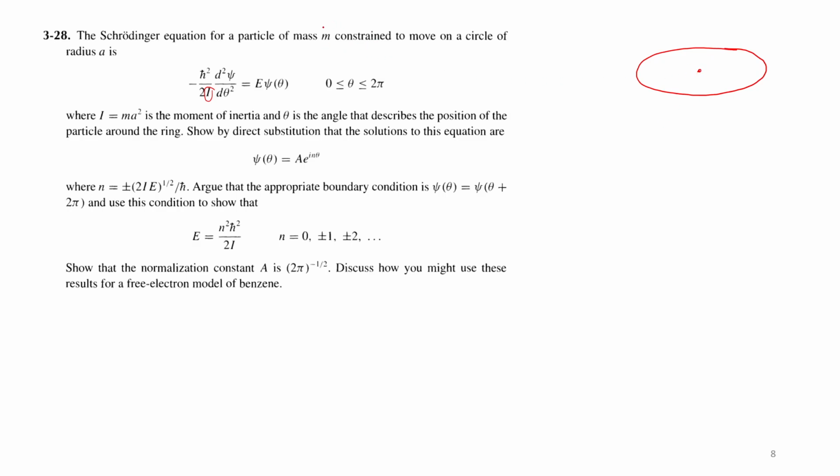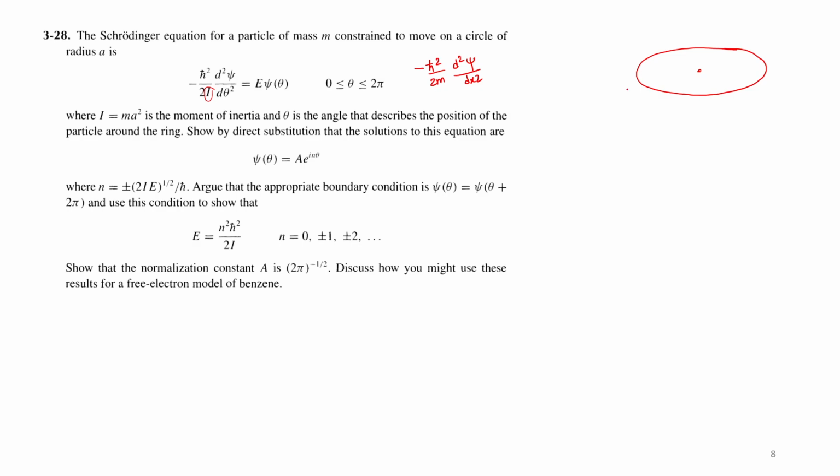Normally for a 1D box you have minus h square by 2m, d2 psi by dx square, right? But as this is a circular motion, the moment of inertia is the equivalent, and there is no potential energy.